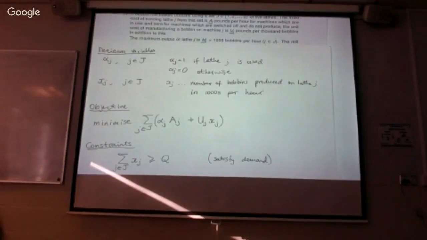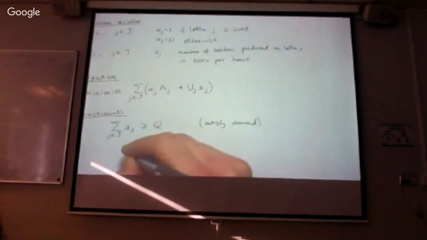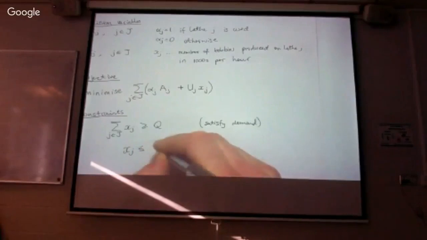Xj has to be somewhere between zero and the maximum. It's not the sum of xj, it's just each xj that has to be less than or equal to Mj.